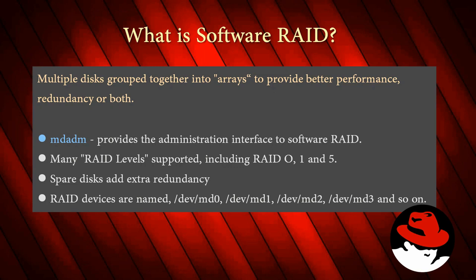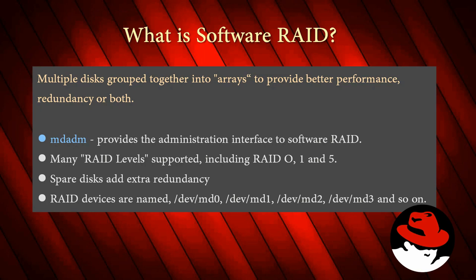RAID 0 is called striping mode. RAID 1 is called mirroring mode, and RAID 5 is a unit of 3 or more disks with 0 or more hard disk pairs. You can understand RAID in depth.